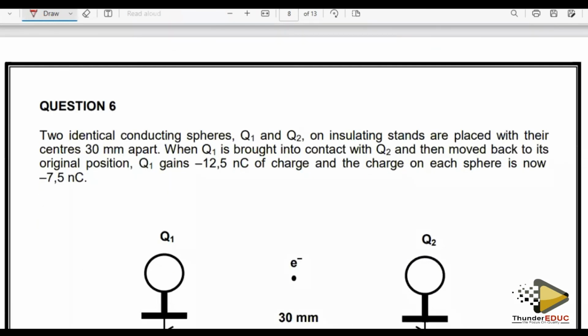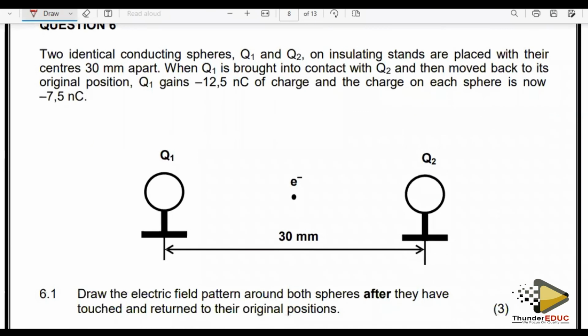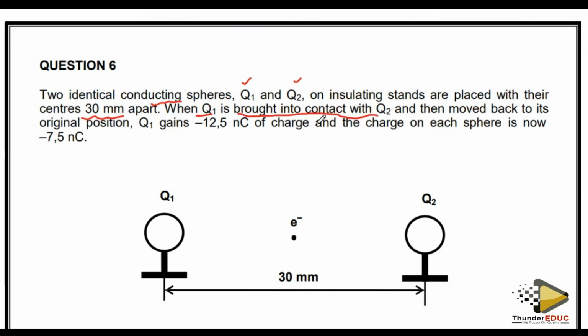Question number 6. They're telling us that two identical spheres, Q1 and Q2, insulating stones, are placed with the same charge 2 millimeters apart. When Q1 is brought into contact and then moved back to the original position, it gains negative 12.5.